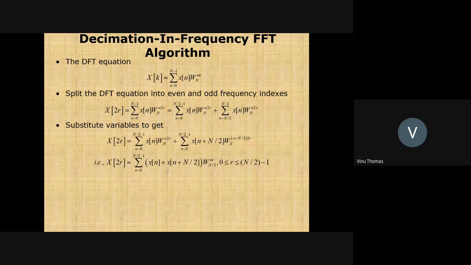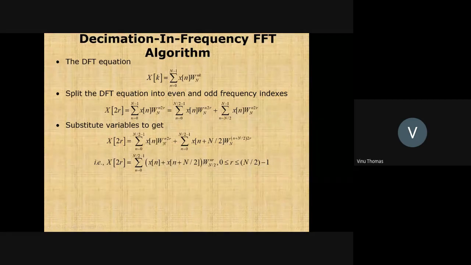So x of n varying from 0 to N by 2 minus 1 is the first half of the input signal, right? So the input signal had values from 0 to N minus 1. So now you are looking only at values from 0 to N by 2 minus 1. And x of n plus N by 2, when n varies from 0 to N by 2 minus 1, is the second half of the input signal.